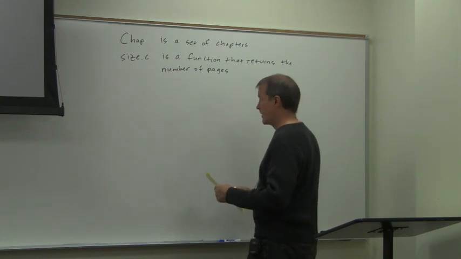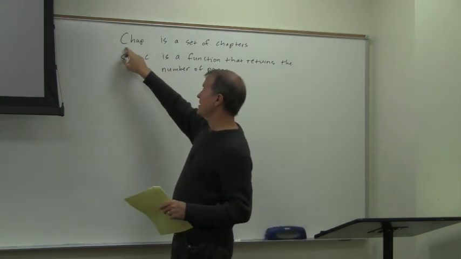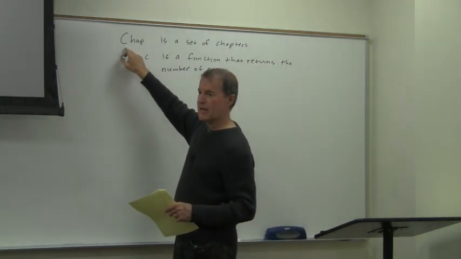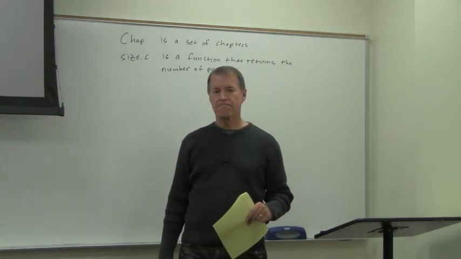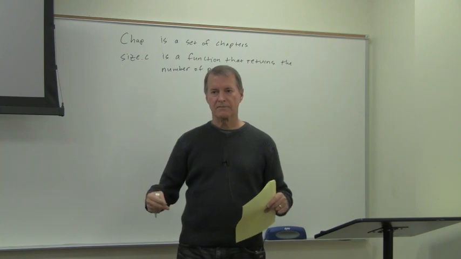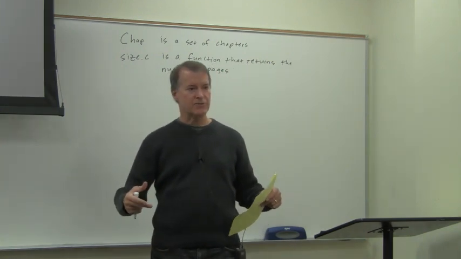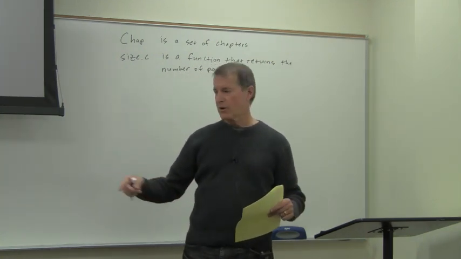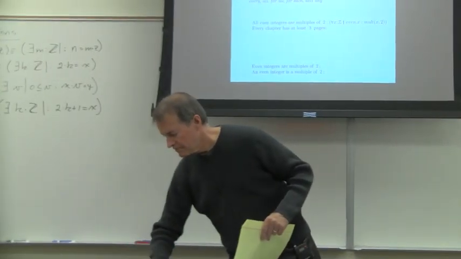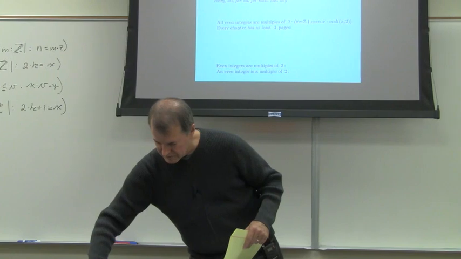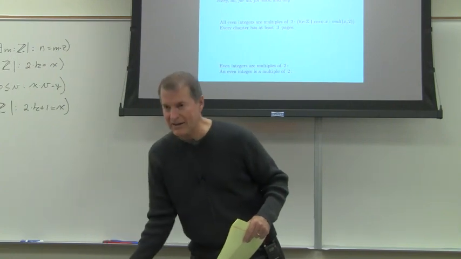Chapters is a set of chapters or a chapter? No, capital C, it's a type. So what is a type? Tell me what's the definition of a type? It's a set of values. Yeah, it's a collection of values, right? Are you with me? So in this book, how many chapters are in this book? Somebody know? You should know. I don't know. 20, okay?